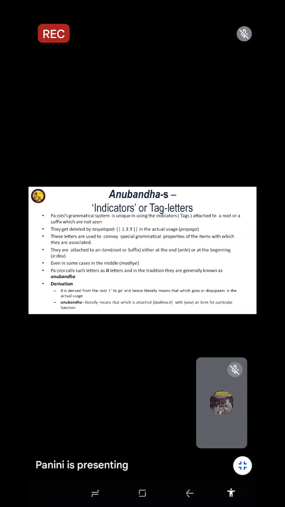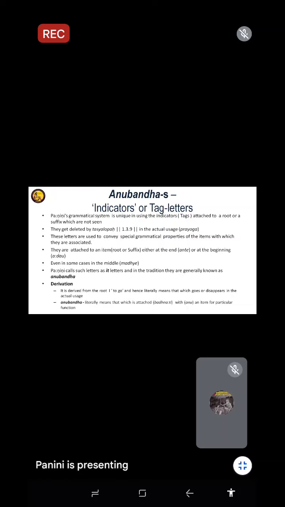But if it is not there, how do you describe it? We understand everything, but for everything we don't have words. You need more explanations, but to be very precise and short, that is brevity, laghava. So the indicators, the tagging, the anubandhas are the proof of brevity and economy. How is he able to explain the changes among words or sentences using tags or anubandhas?